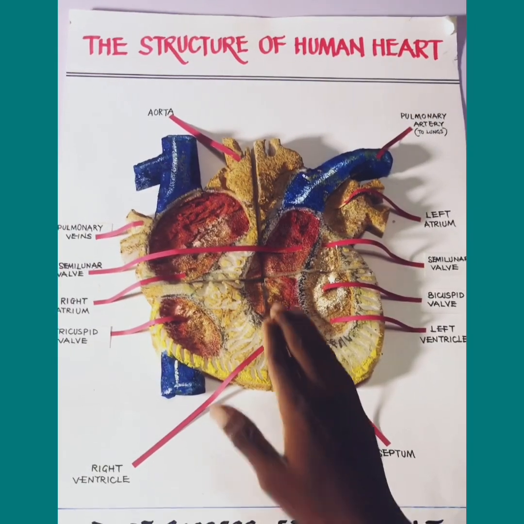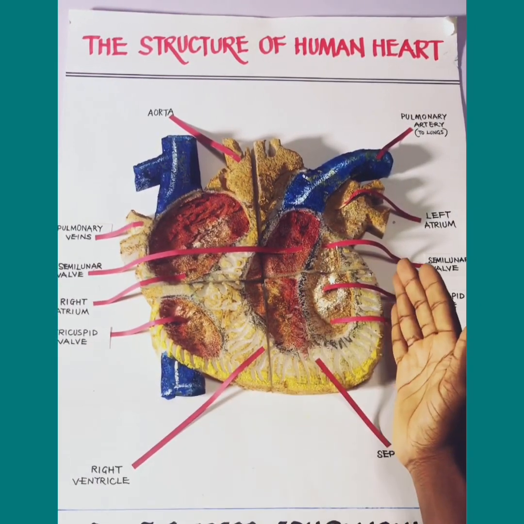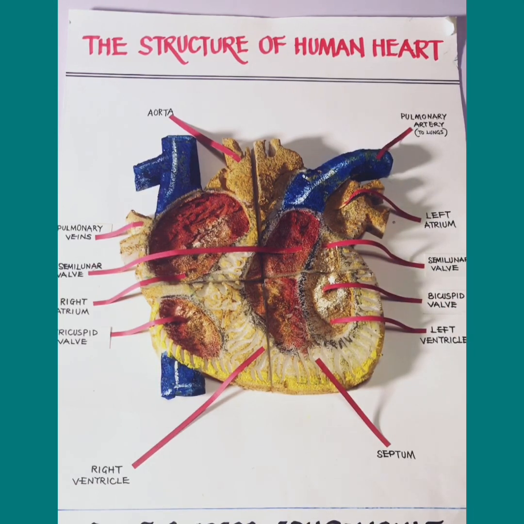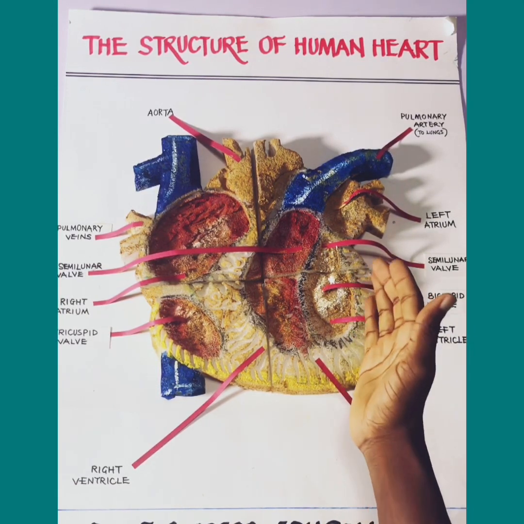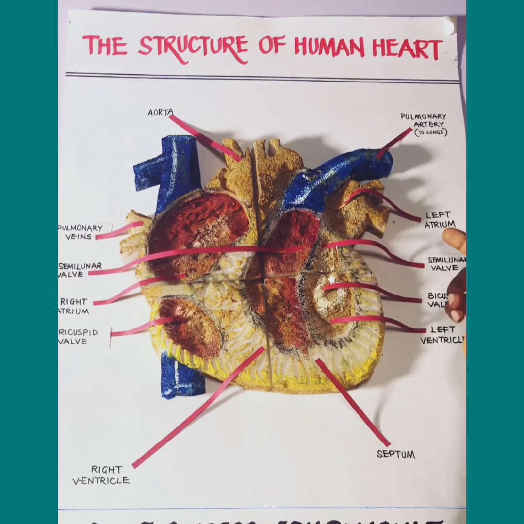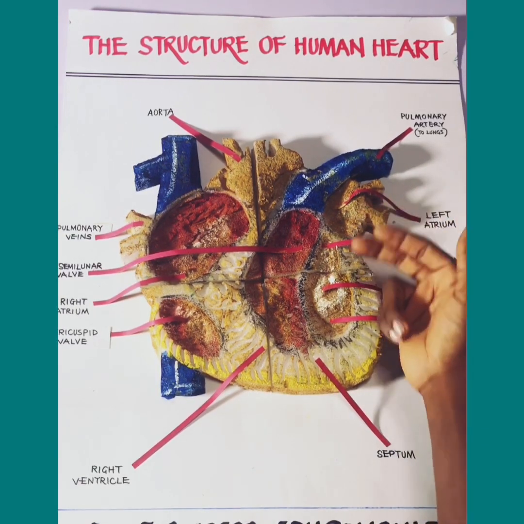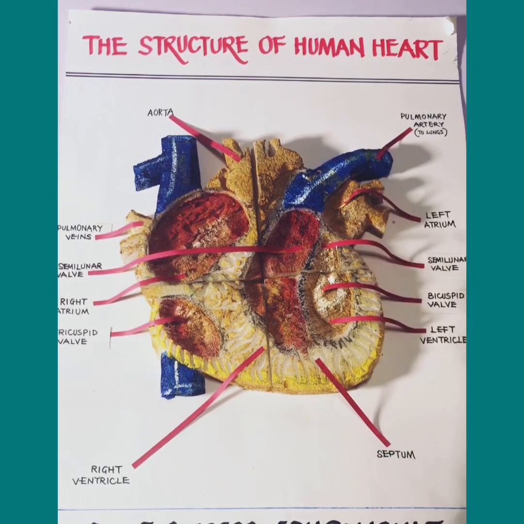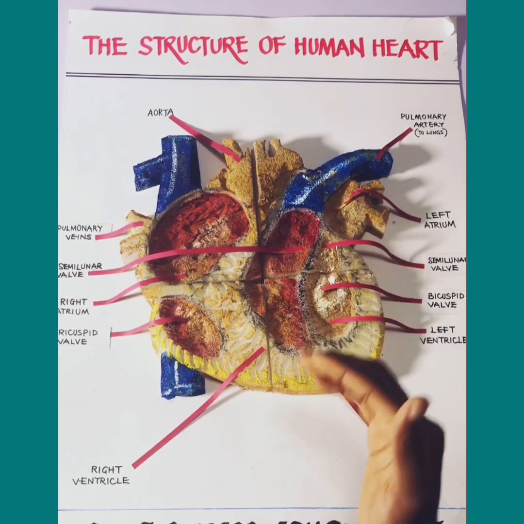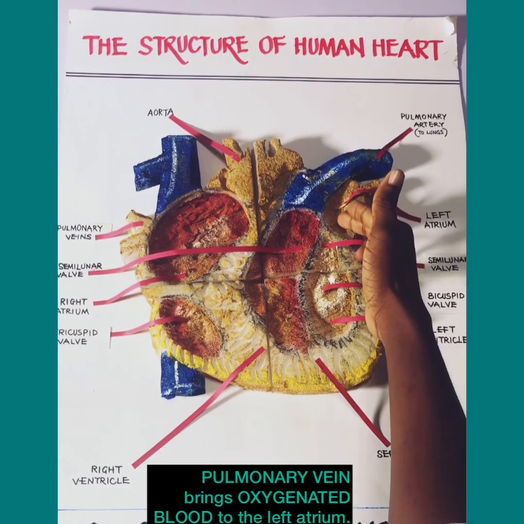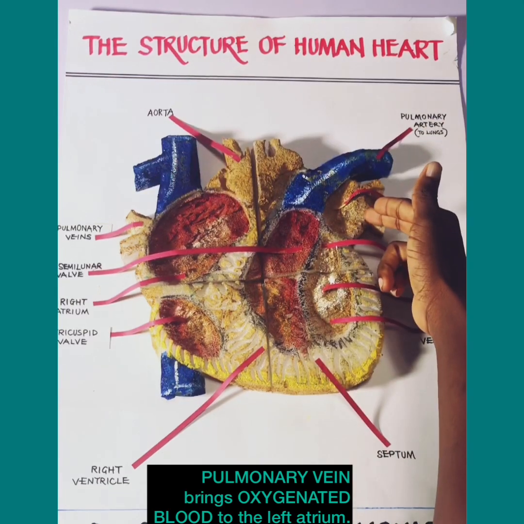So now, after this, let's move to the left hand side of the human heart. Now we have what is known as the left atrium, and we have the left ventricle. So how does the blood get to this left atrium? The blood gets to the left atrium from the pulmonary vein.